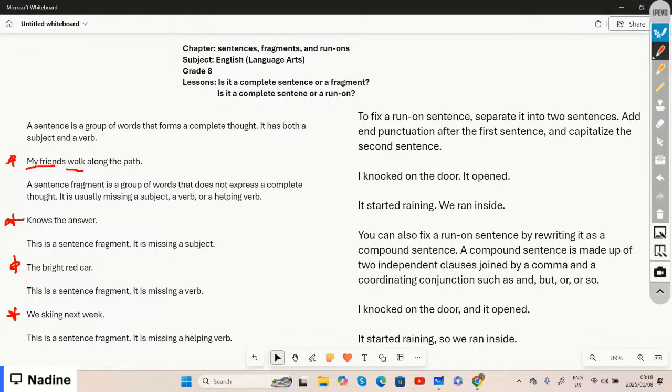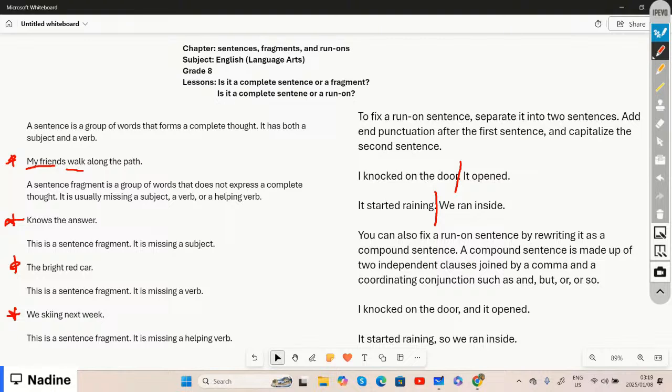Remember, when we have a run-on sentence and we separate it, we want to make it into sentences that have a subject and a verb, without the run-on. It means we can start by separating the two sentences. I prefer doing it like this.